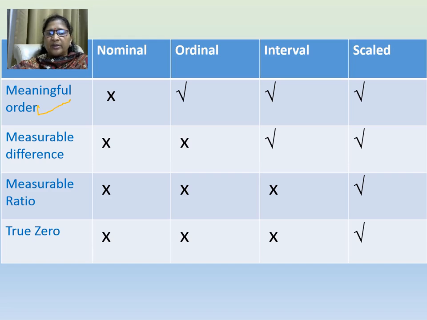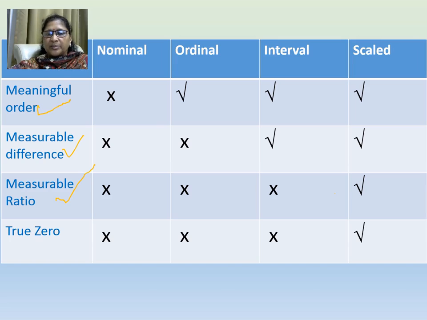For measurable difference, nominal and ordinal have no sense in talking about difference, whereas in interval and ratio scaled we can talk about measurable difference. We cannot talk about the ratio for the first three, nominal, ordinal and interval, whereas we can talk about a measurable ratio in a ratio scaled attribute.